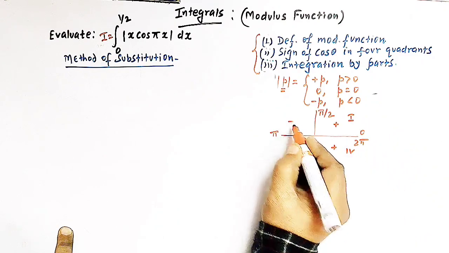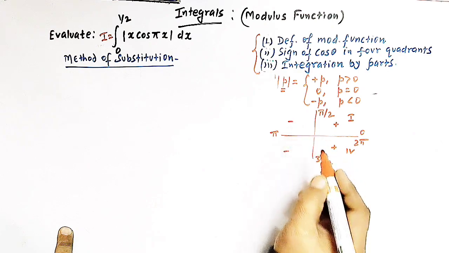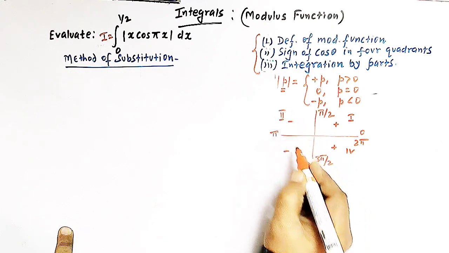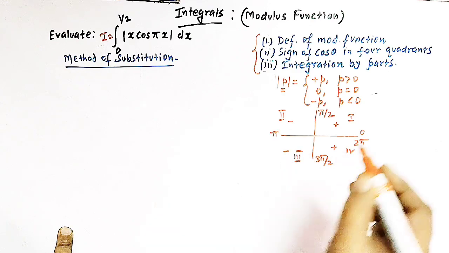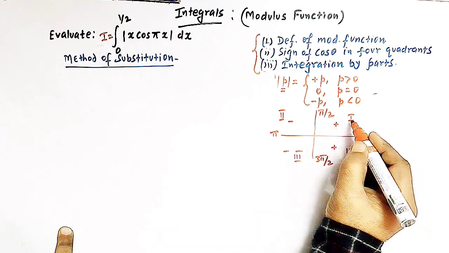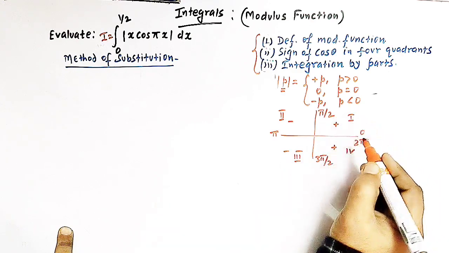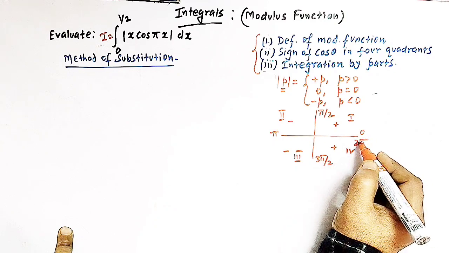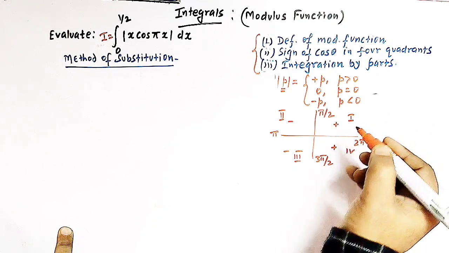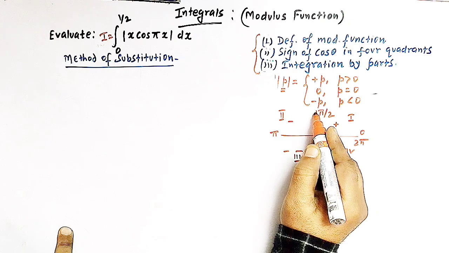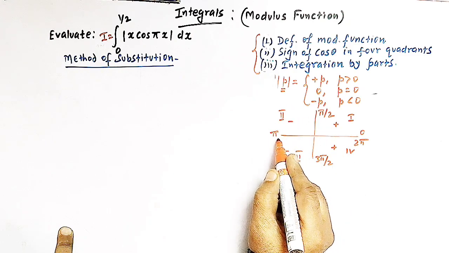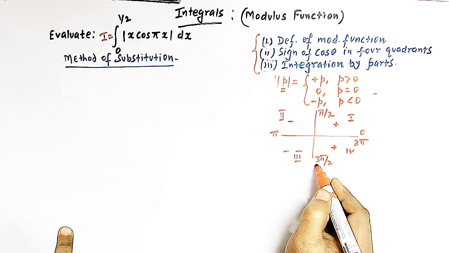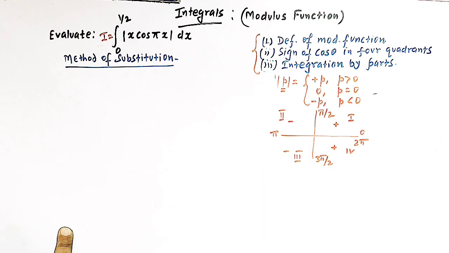And in the second and third quadrant, the cosine function is negative, right? So from 0 to pi by 2 the cosine function is positive, and from 3 pi by 2 to 2 pi the cosine function is positive, and from pi by 2 to pi the cosine function is negative, and again from pi by 2 to 3 pi by 2 the cosine function is negative, right?